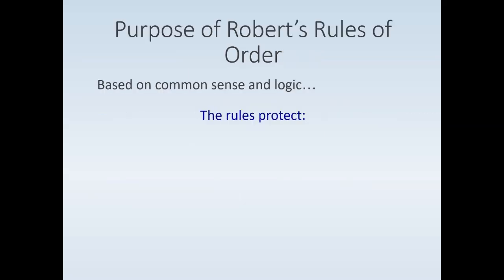The purpose of Robert's Rules of Order is to provide a way to make decisions based upon common sense and logic. The rules do the following three things. They protect the rights of the majority to decide. That is, if there is a simple majority, over 50% of those voting, the majority decides the issue.